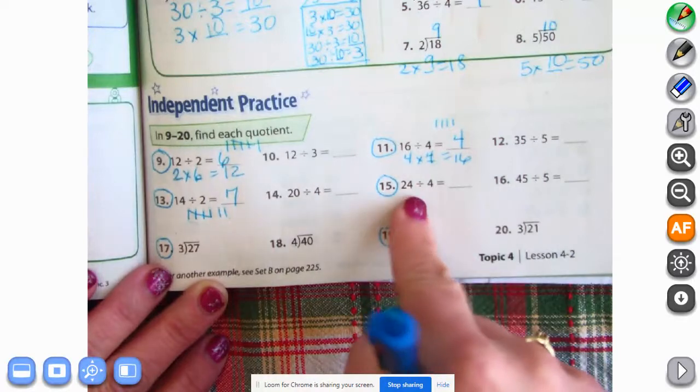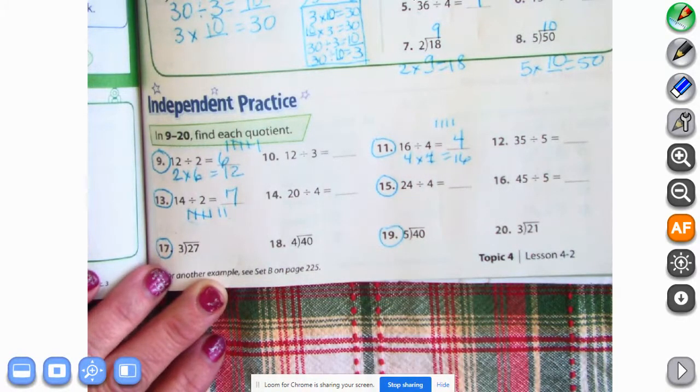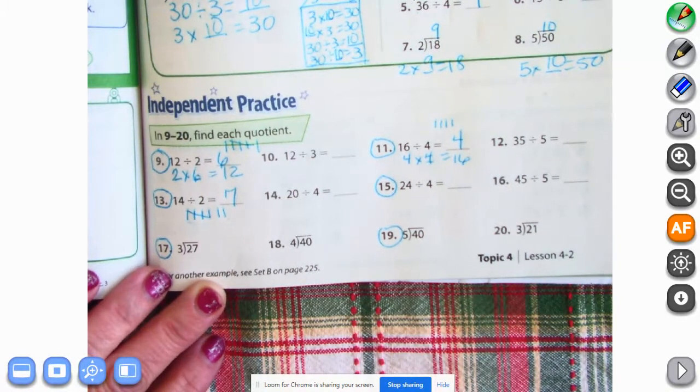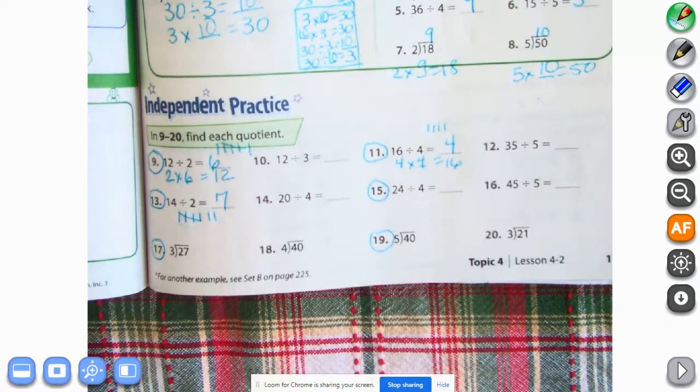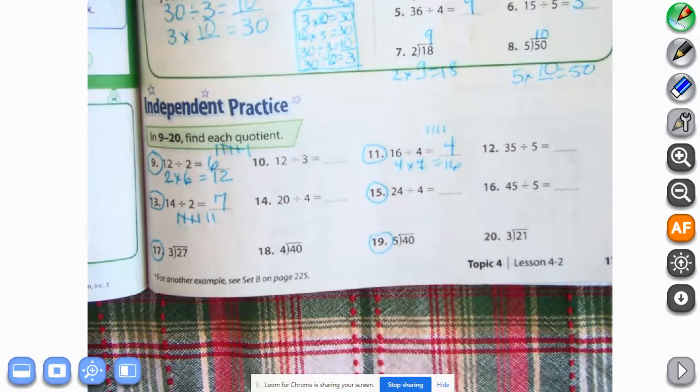Okay, go ahead and try number 15. 24 divided by 4. Now, if you know your number rock songs, you can just hum your tune. You can repeat addition your numbers.